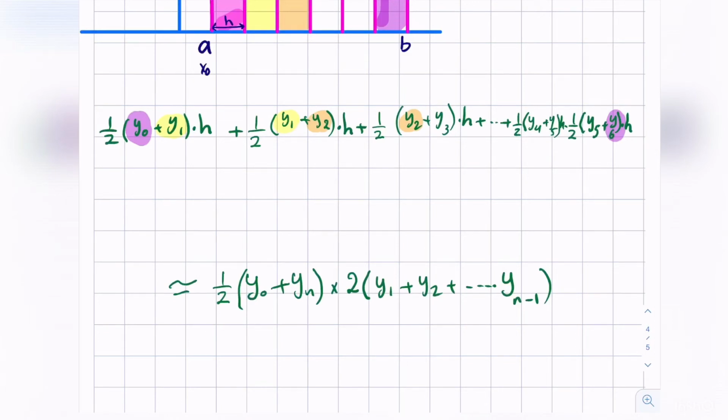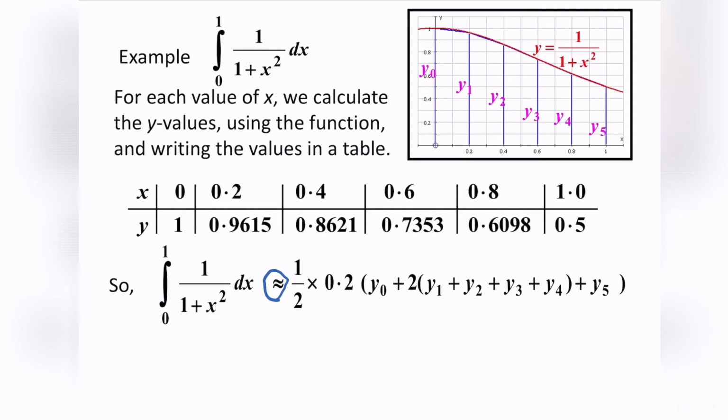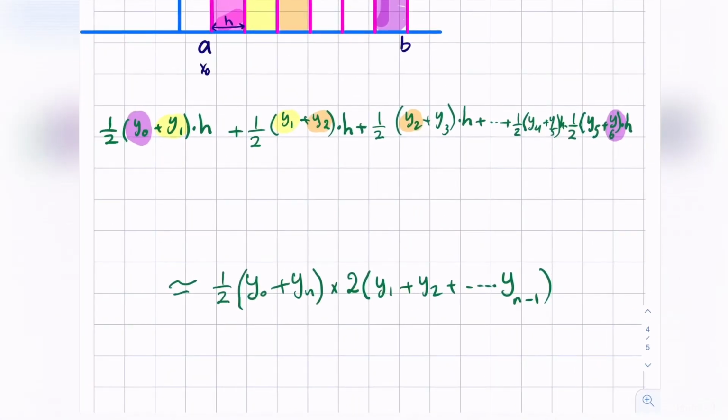Okay, let's go back there. And so 1/2, and I didn't put the times h there. Okay, times h, which is the width basically, times this.